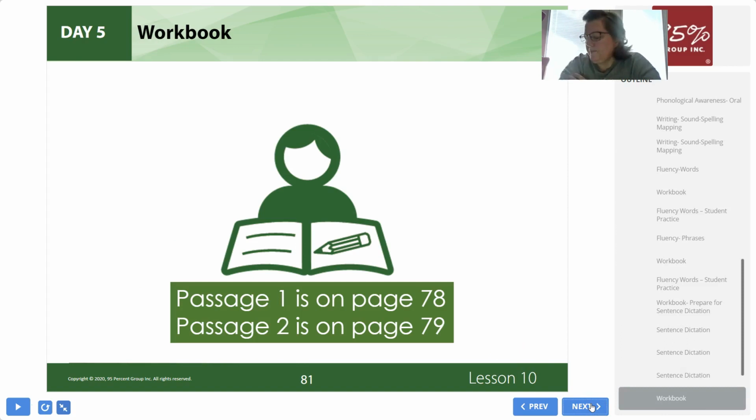All right, next, turn to page 87, we are going to practice reading both of the passages. One was about Reed and his foul row. The second was about pond life. Passage 1 is on page 78 and passage 2 is on page 79.